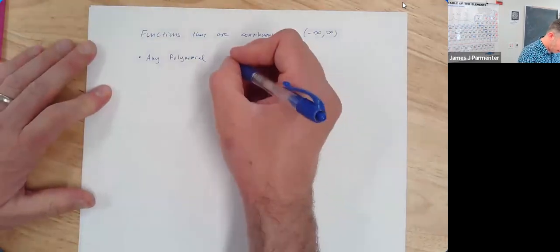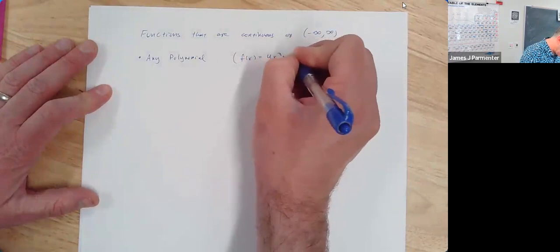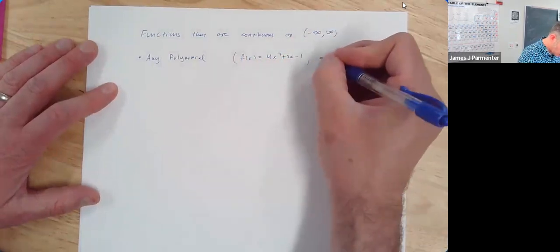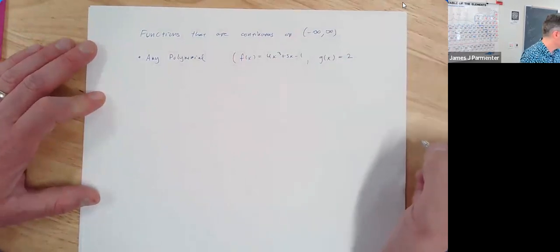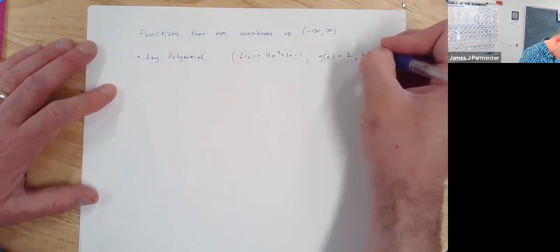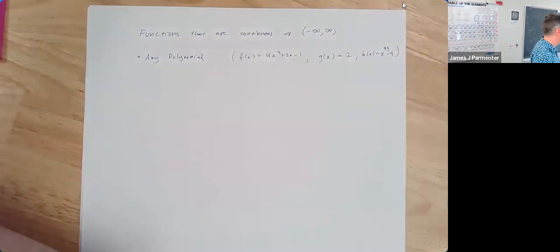So any polynomial like f of x equal to 4x cubed plus 5x minus 1, or g of x equal to 2. That's a polynomial, it's just a boring one. Or h of x equal to x to the 99th power minus 9. Just some examples off the top of my head.